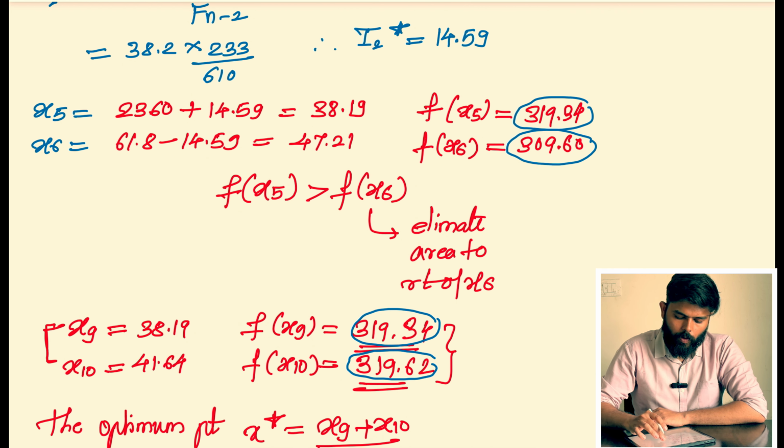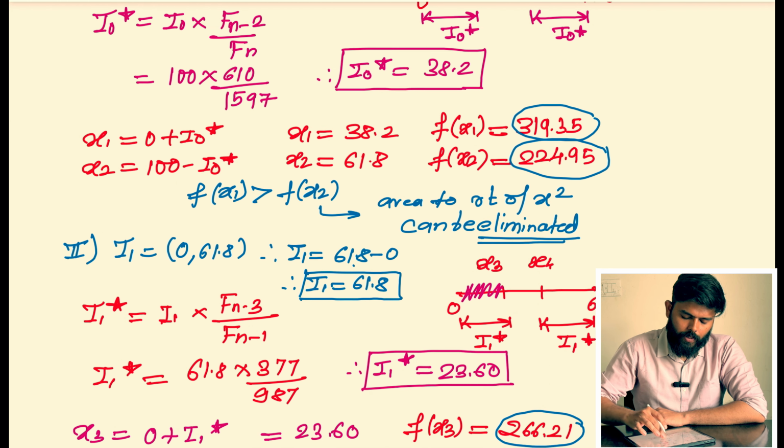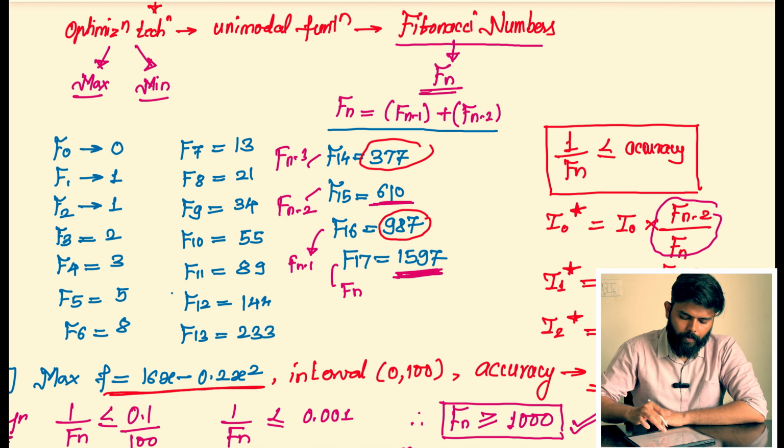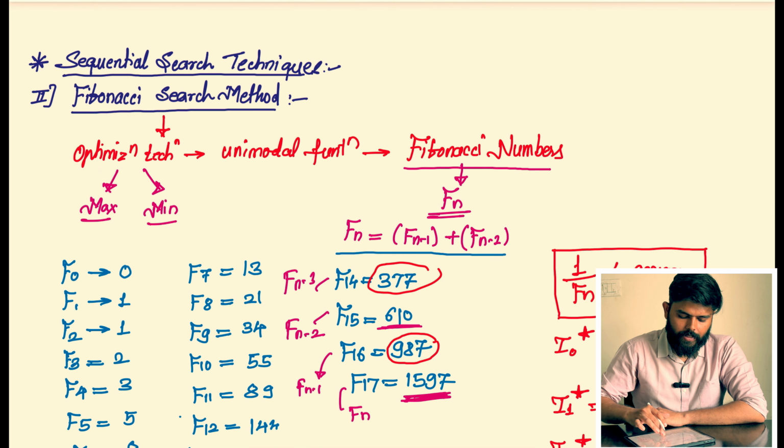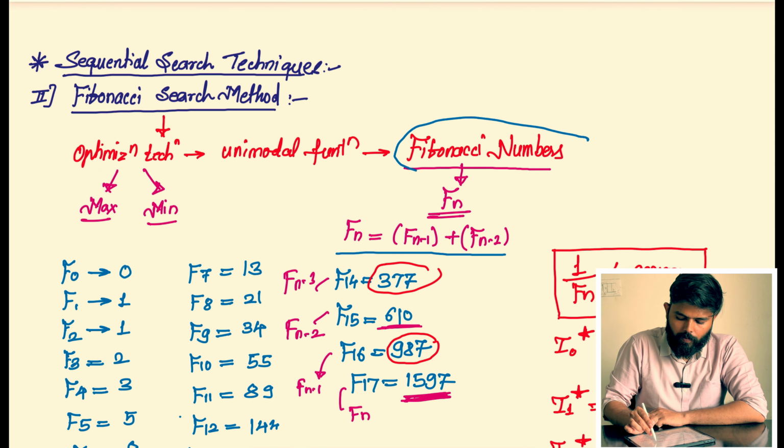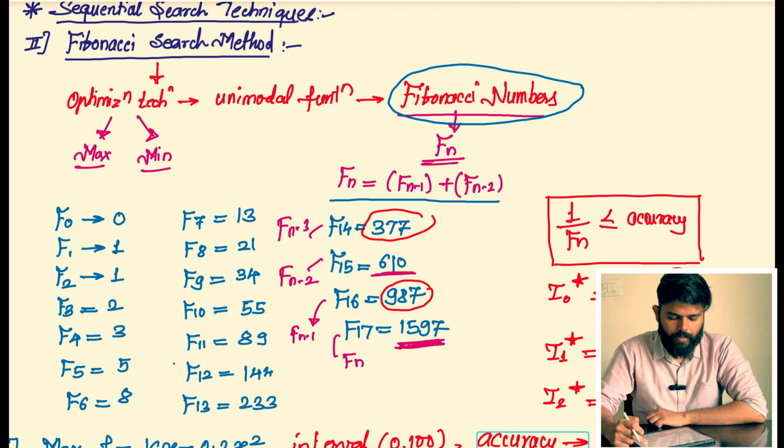Okay, so I hope you have got what exactly the Fibonacci series method is, how the optimization is done, and how the Fibonacci numbers play a very important role in optimizing it.